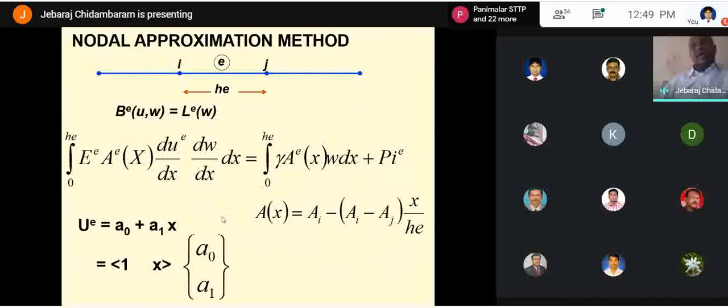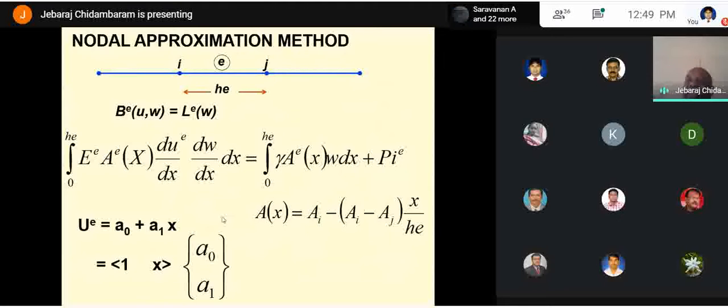So I'm going to have an elemental length, the small l e. Total length is L, capital L. Now I am dividing into a number of segments. So now I'm taking one such element here in the figure.